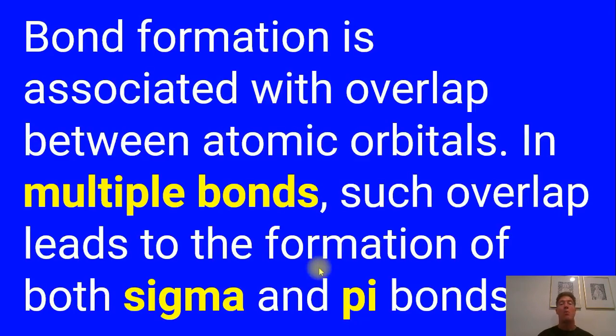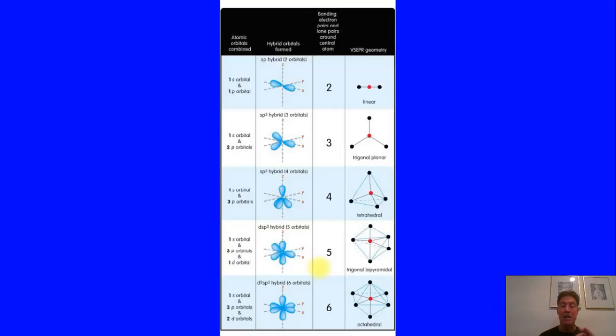Now, bond formation happens because there is overlap between the atomic orbitals. That's how they share electrons in covalent bonds. In multiple bonds, this overlap leads to the formation of both sigma and pi bonds. Now be careful here. When we talk about sigma and pi bonds, we're not talking about this kind of orbital hybridization.